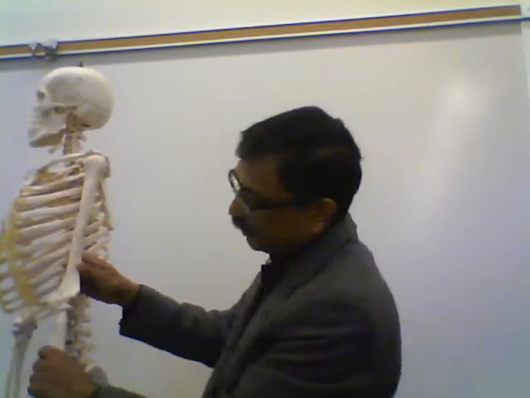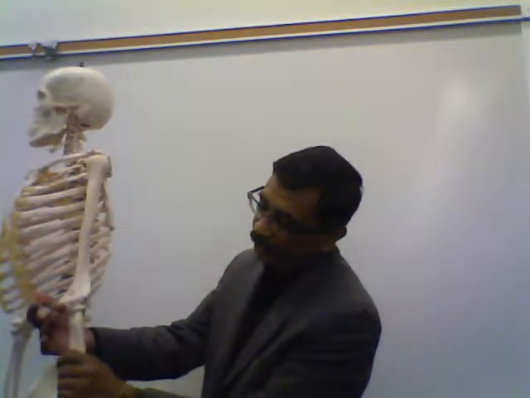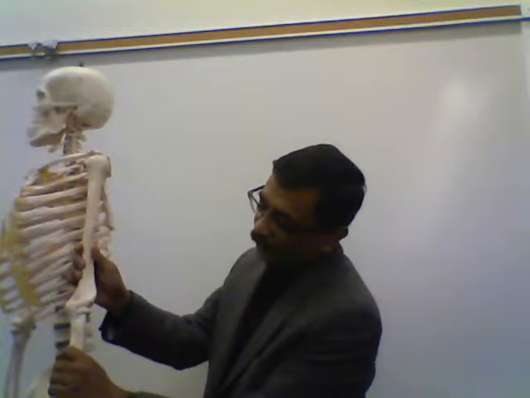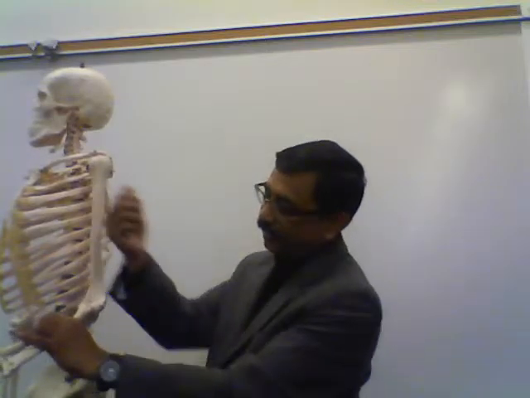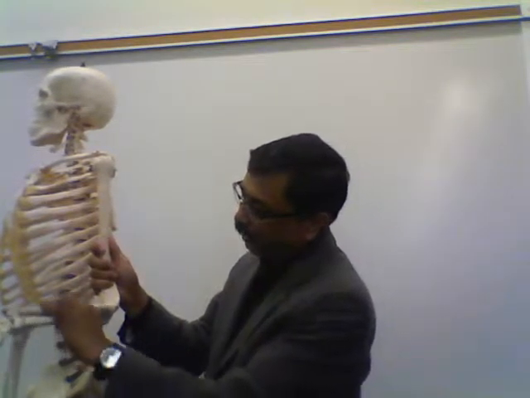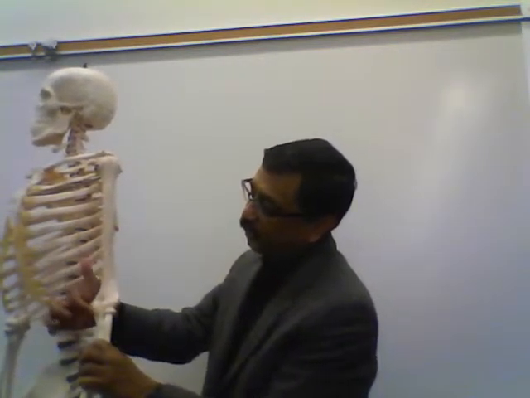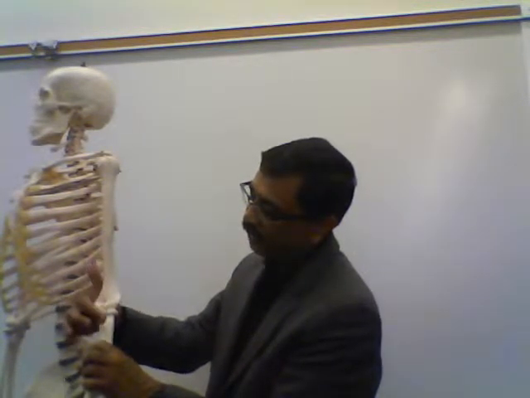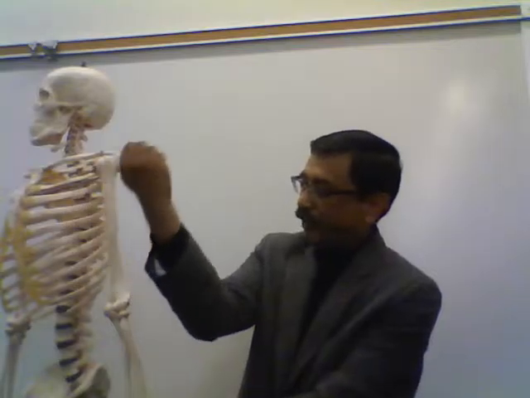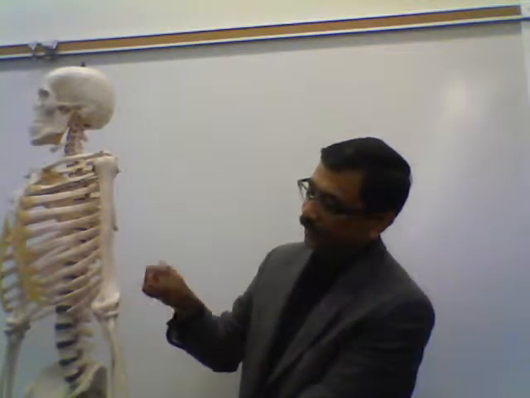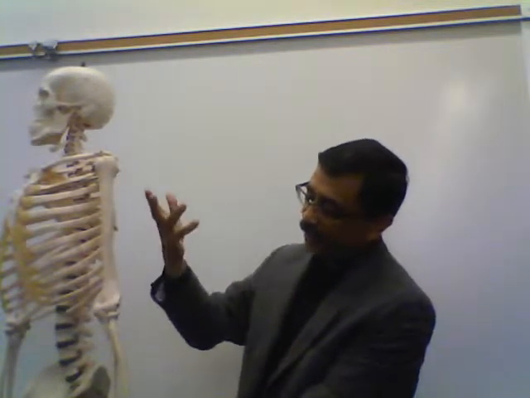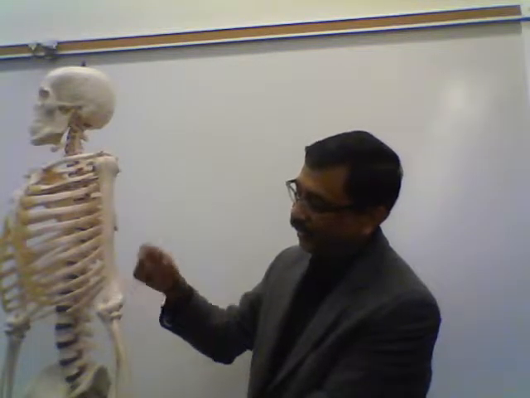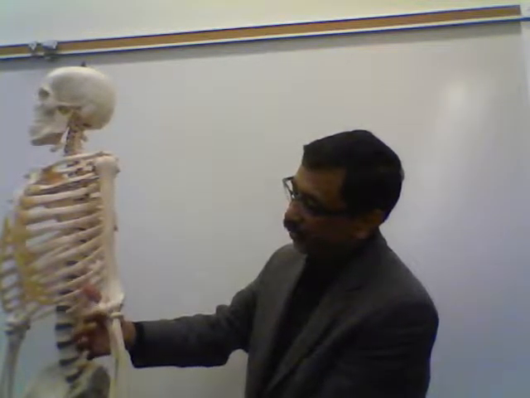Because you see here what happens, this is called the coronoid process of the ulna, and when you flex your forearm, that coronoid process goes inside. That's why it is called the coronoid fossa. When you bend your forearm, the head of the radius enters into the radial fossa. So that's why it is radial fossa for the radius, coronoid fossa is for the coronoid process.